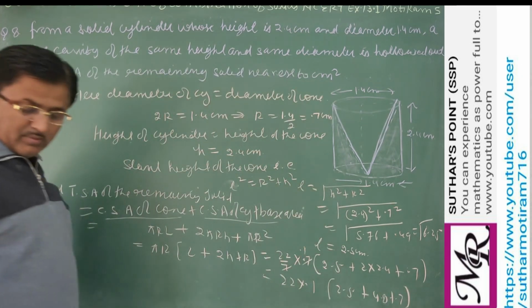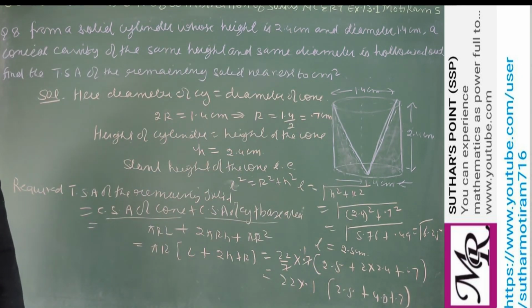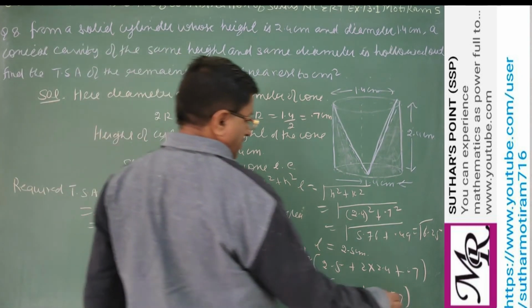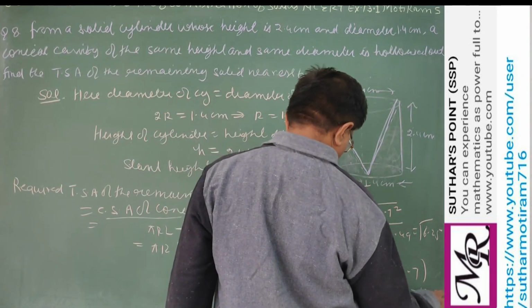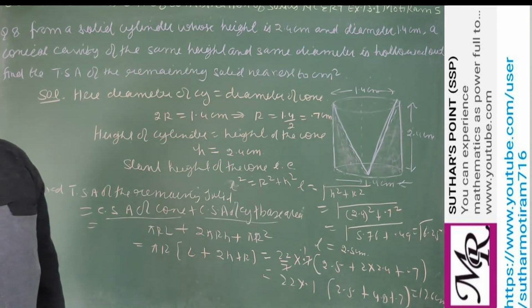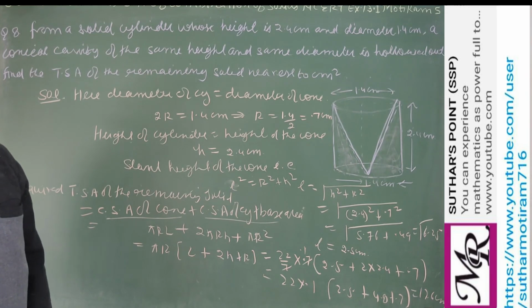So all these multiplied and simplified will give you the required answer, which is 17.6 centimeter square. So to the nearest centimeter square, that is 80.